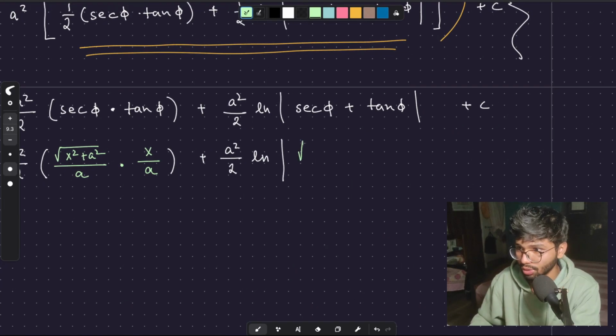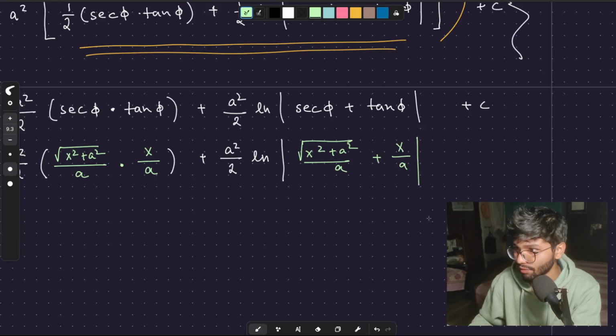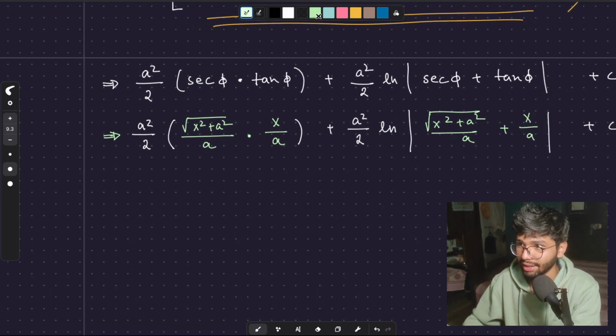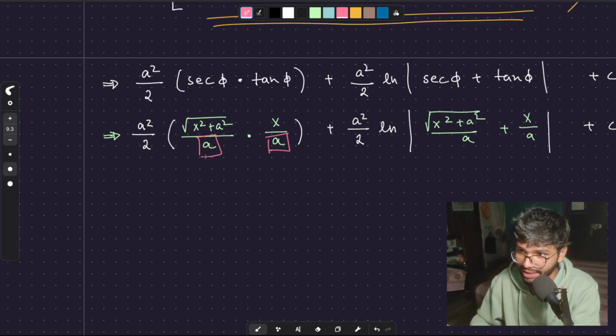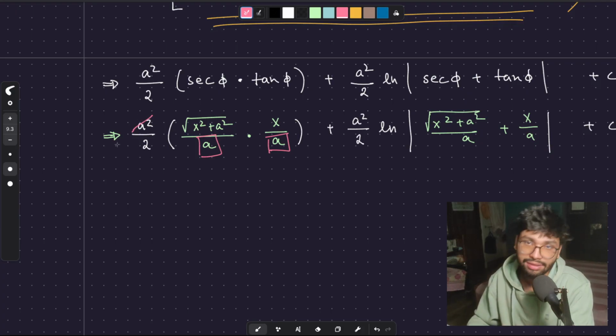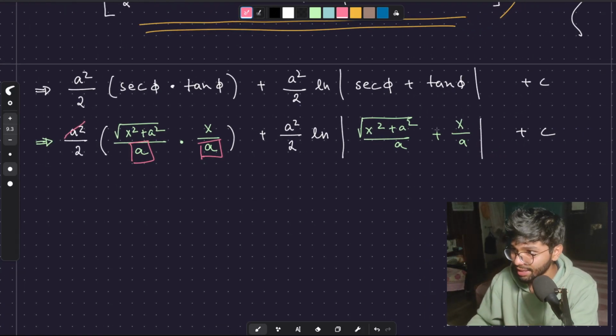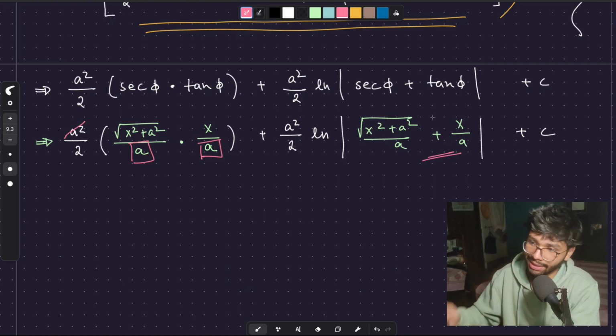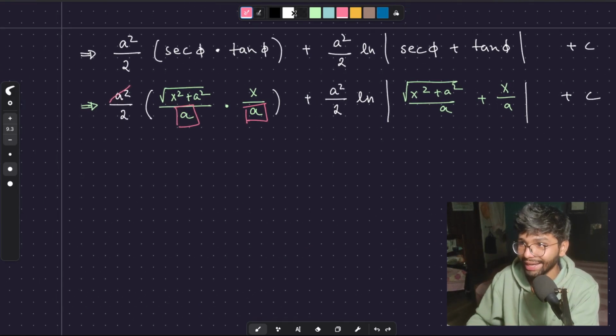Again, we're going to substitute this back: the square root of x squared plus a squared plus x over a, and we close this absolute value. You can pretty much see that this a is multiplied with this a, which makes a squared, and it's going to cancel this a squared out. But in this case, we don't see that because it's just being added. So we're going to write it again one last time and we'll be done.